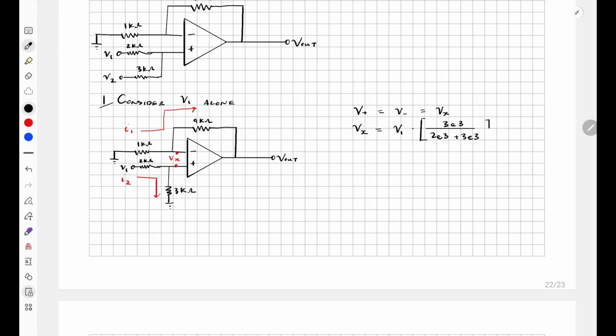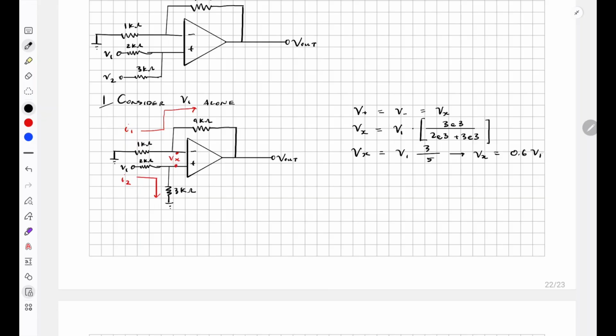So with the resistor divider formula, Vx is equal to V1 times 3 over 5, since the kilo ohms cancel. 1/5 is 0.2, so times 3 is 0.6.